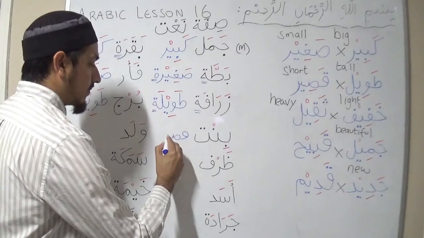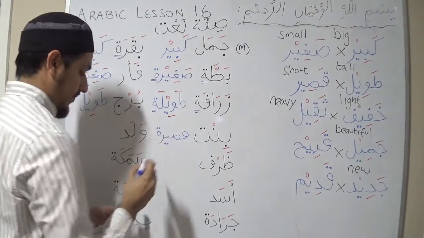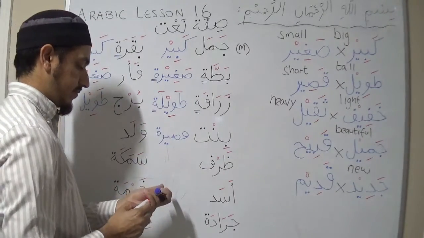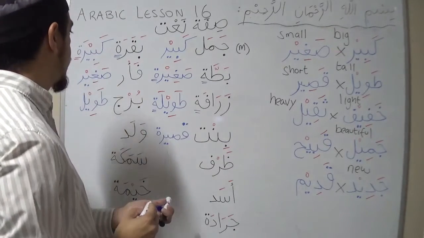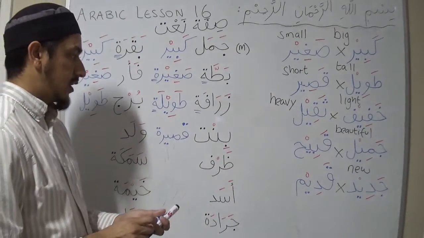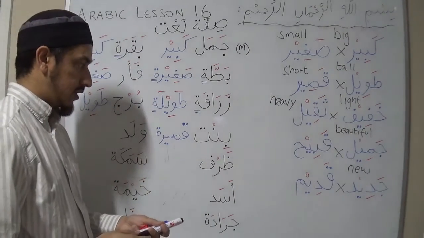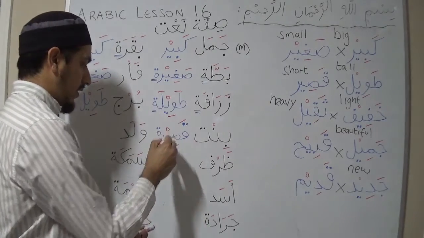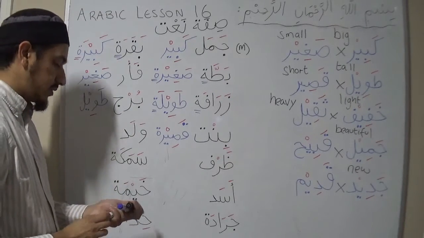That's a girl. بنت قصيرة, a short girl. And walad, we're saying short as well, so we can say walad قصير.